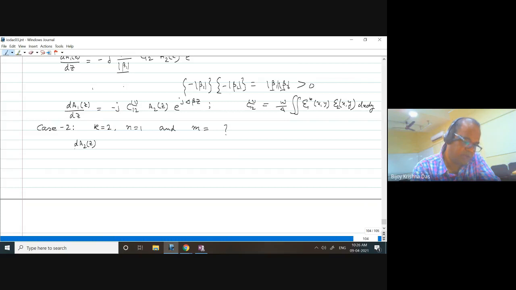I will come back to m again later. dz equal to minus j C12, and n equal to 1 I will be writing, that means A1(z). Now instead of dA1(z)/dz, I am writing dA2/dz. I have seen earlier that this type of equation could be formed because of m equal to 1.